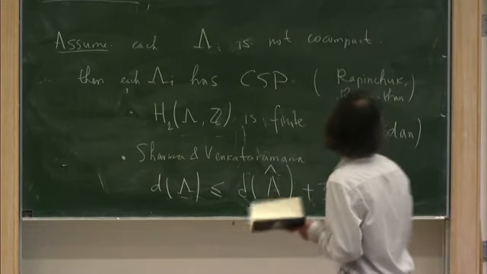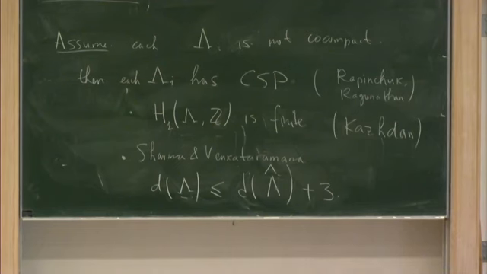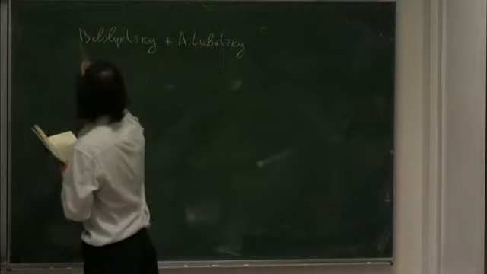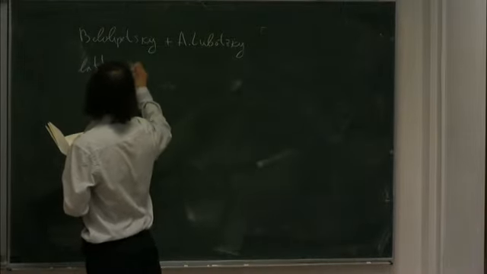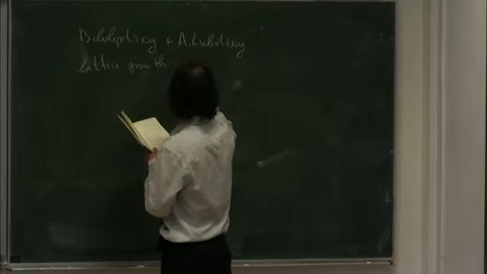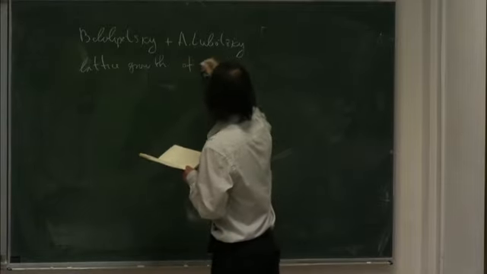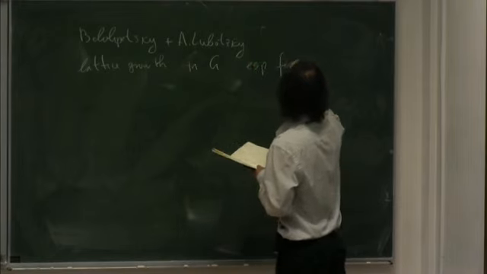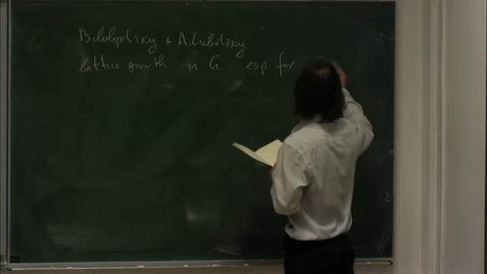Not every arithmetic lattice is principal, but there's this work by Misha Belolipetsky and Alex Lubotzky, where they study lattice growth of these in G, in particular for non-uniform, for non-cocompact.